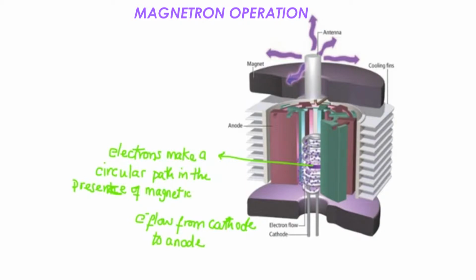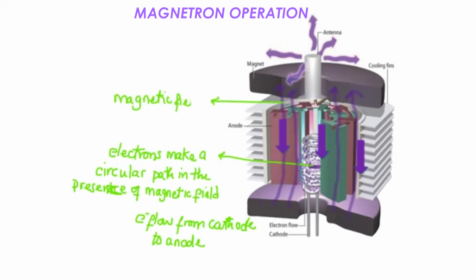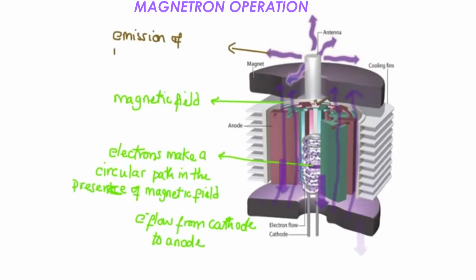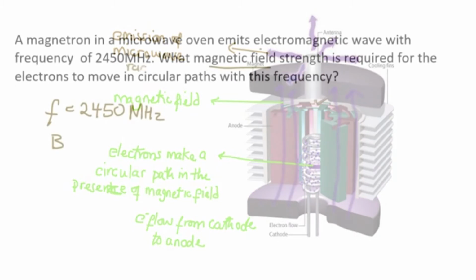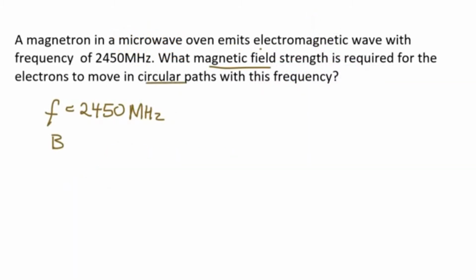The question asks what magnetic field strength, labeled B, is required for the electrons to move in a circular path with that same frequency.